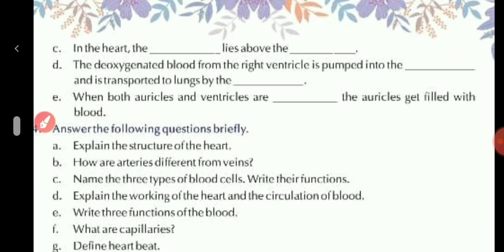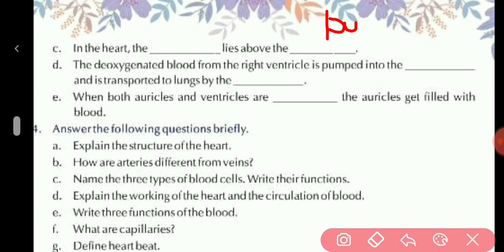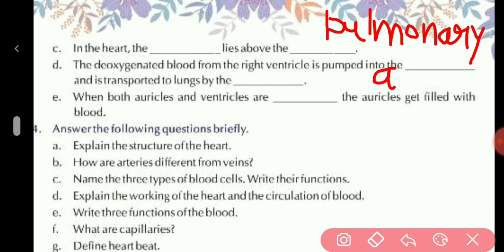D. The deoxygenated blood from the right ventricle is pumped into the dash and is transported to lungs by the dash. So the answer is first answer here. It is pulmonary aorta. AORTA, aorta.